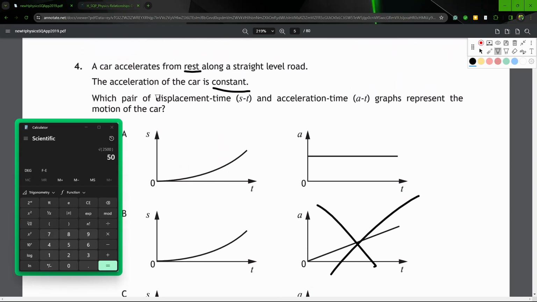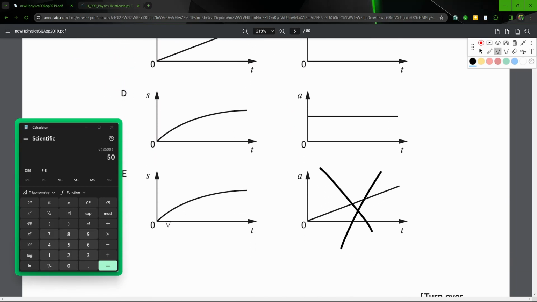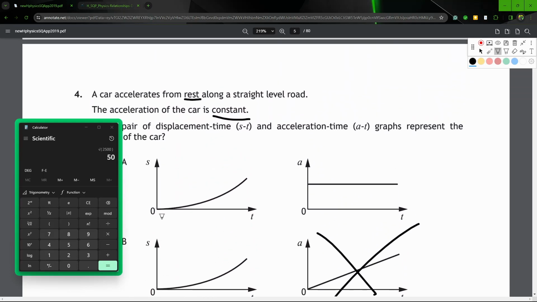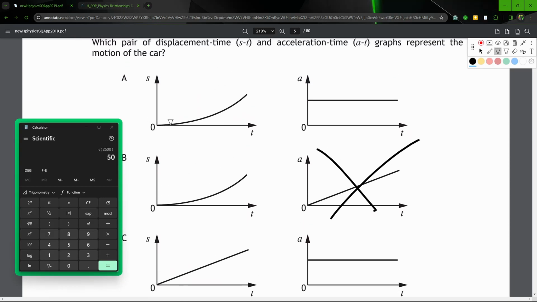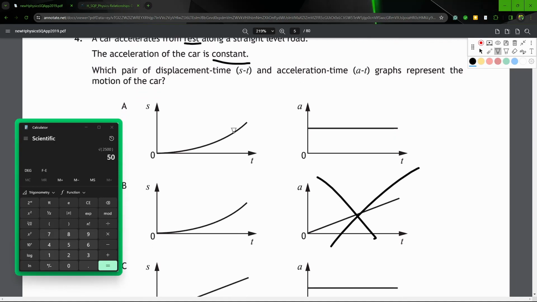Then I've seen from here that there's no velocity-time graph, so we can't actually use this from-rest part. But what we can do is look at this, which is displacement. Displacement just means distance, right? So if you're accelerating at constant rates, you'll be getting farther and farther away from your original initial position.